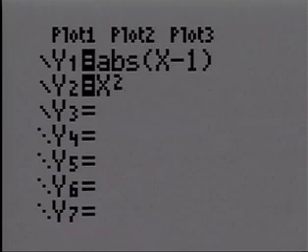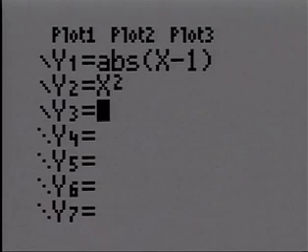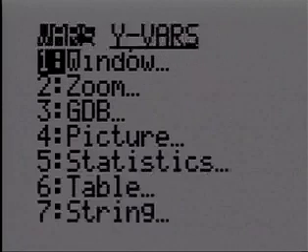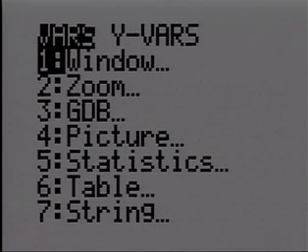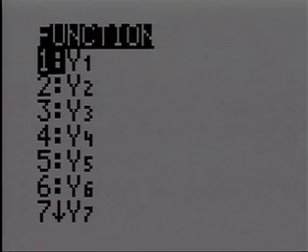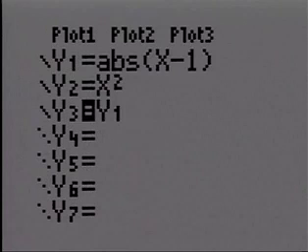Now, to graph the composite function, let's go back to our y equals menu and turn off our two functions. And come down, and in y3, we want to remember evaluate our absolute value function at x squared. So we'll go to our vars menu and our y vars, go to function, and pick off our first function, y1.